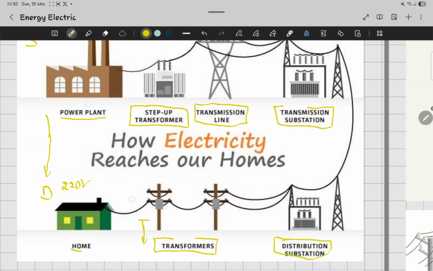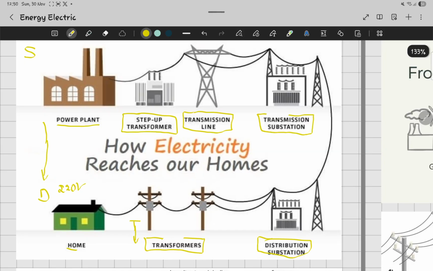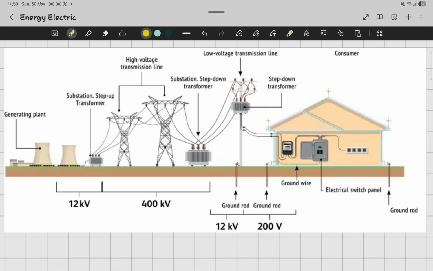I will show you an example that is much more detailed. In terms of voltage, you can see this is the source and this one is the destination. We need to transfer the electricity from the source to the destination.